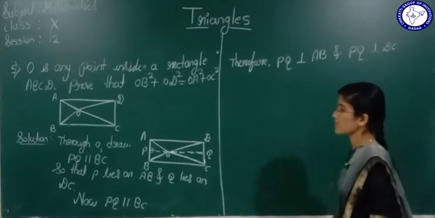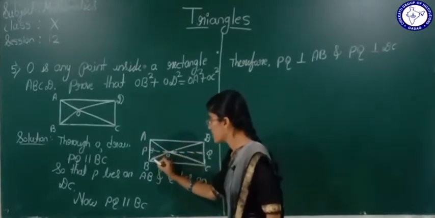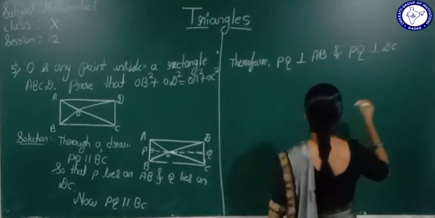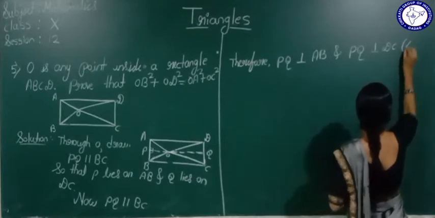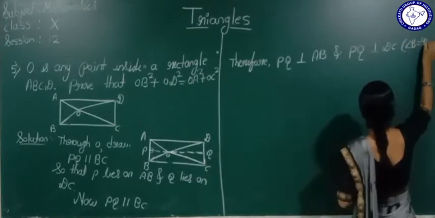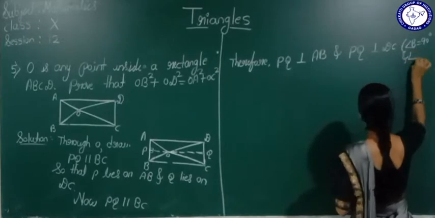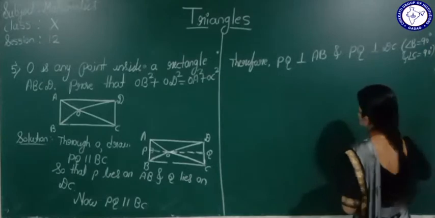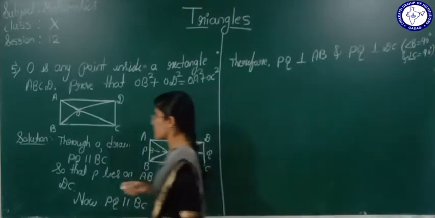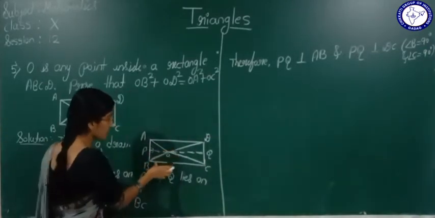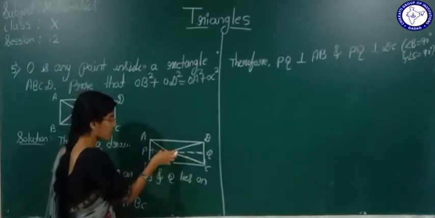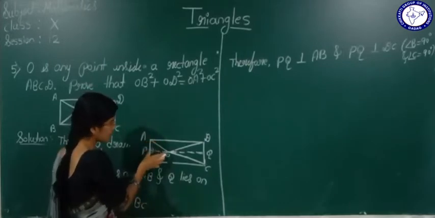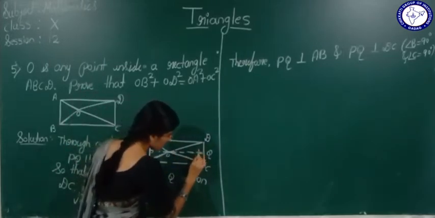Now see here, we know that in a rectangle all angles form 90 degrees, right? Angle B is equal to 90 degrees and angle C is equal to 90 degrees. Now we have drawn PQ parallel to BC. PQ is perpendicular to AB and PQ is perpendicular to DC also.